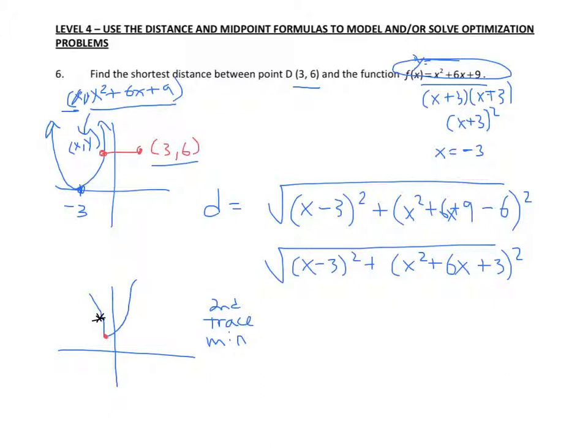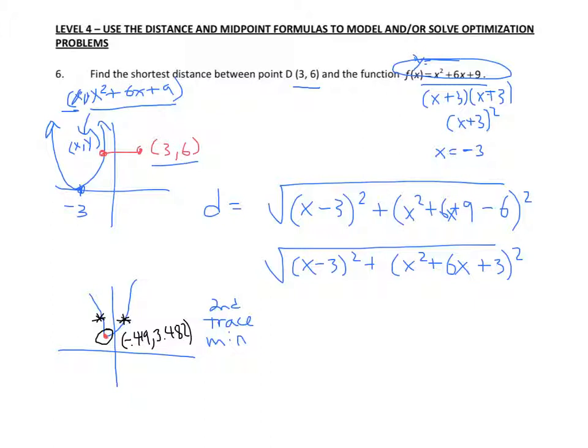Move the little spider over to the other side, to the right of the minimum point, press enter. And then when it says guess, you can just press enter again, and it should find that minimum point, which is the point -0.419, 3.482.